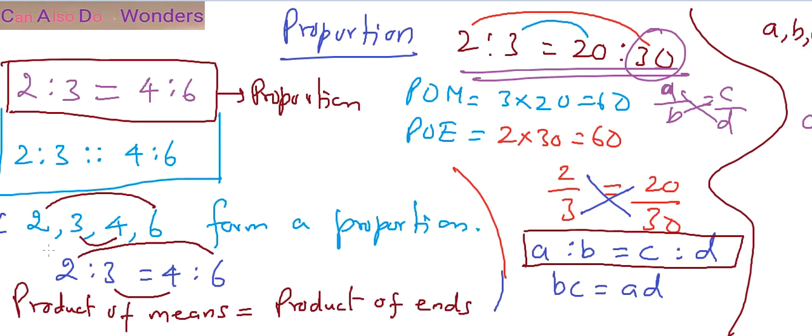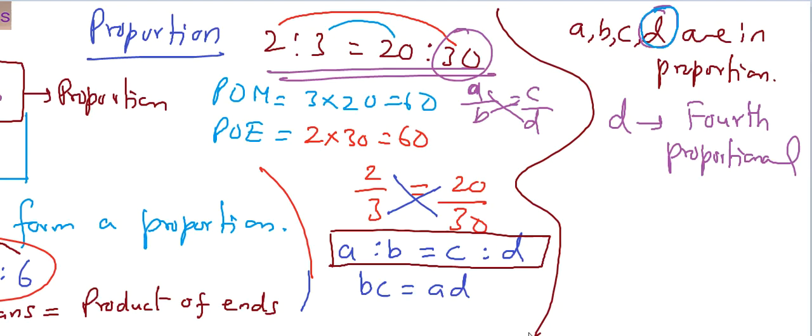So here if you consider this proportion once again, 2 is to 3 equal to 4 is to 6. If one term is not known, we can find that one using this proportion. Suppose this 4 is not known. So how to find the value of this? Let's say this is x.